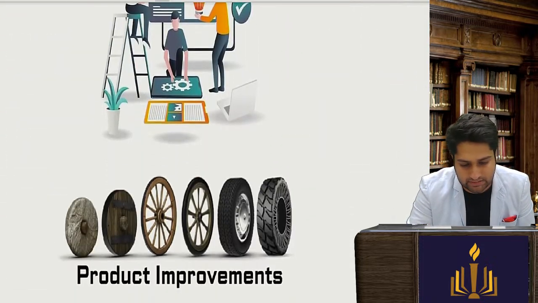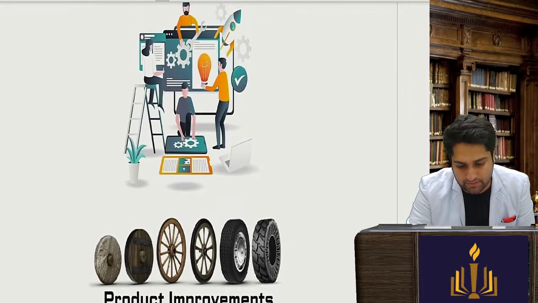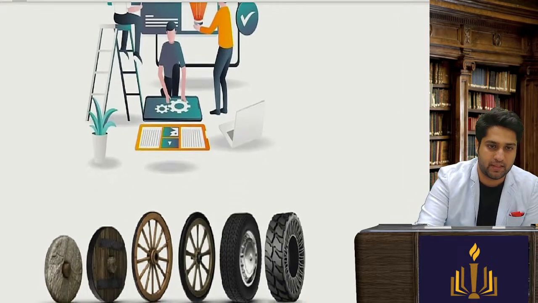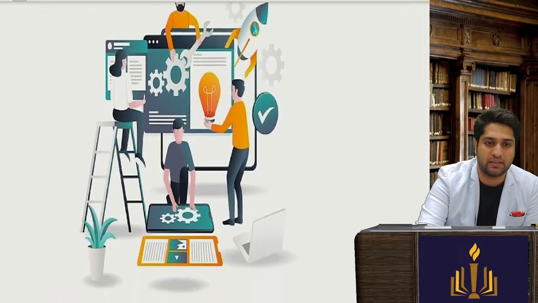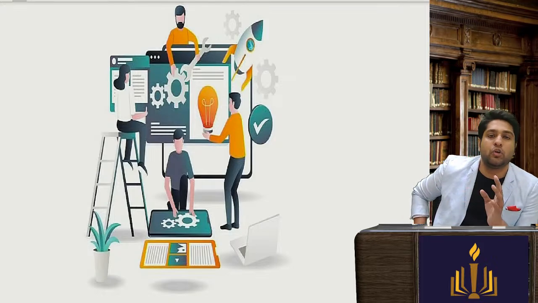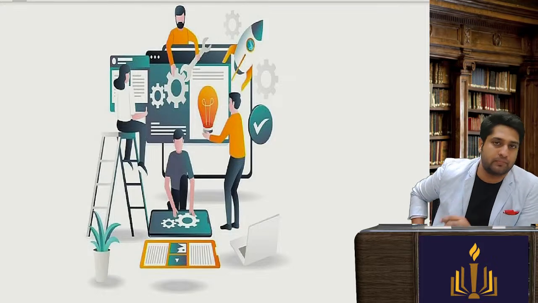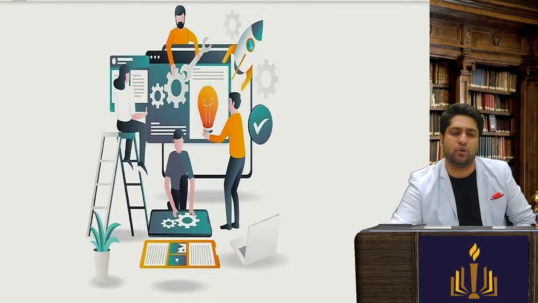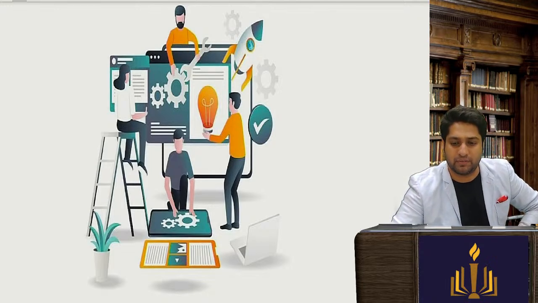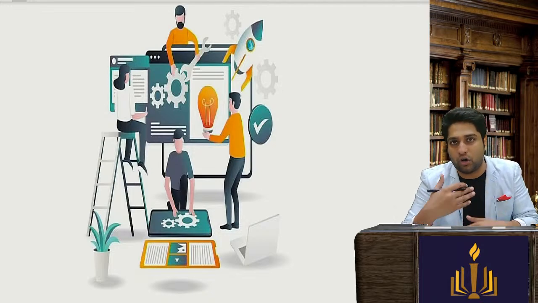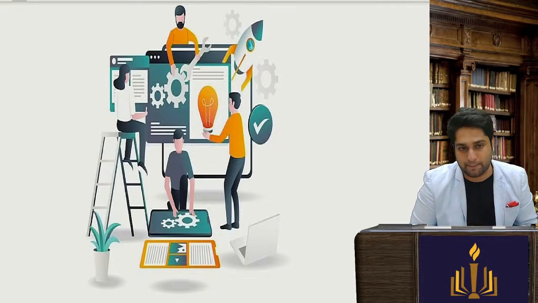Now coming to the next thing, product improvements, which is very important. When an invention is made and a patent has been granted, do you think innovation will stop or continue? Obviously, innovation keeps going on a regular basis.